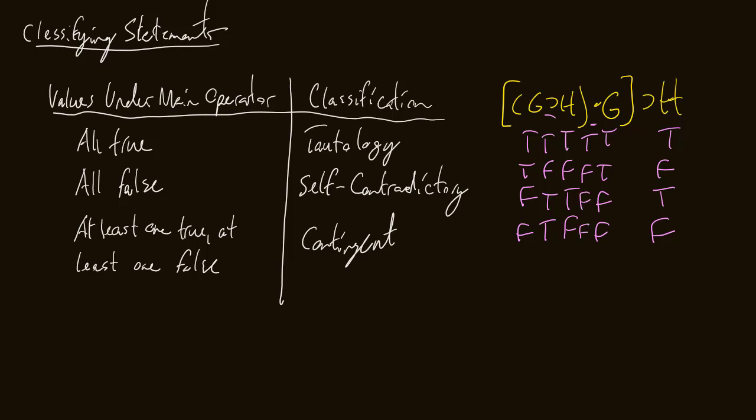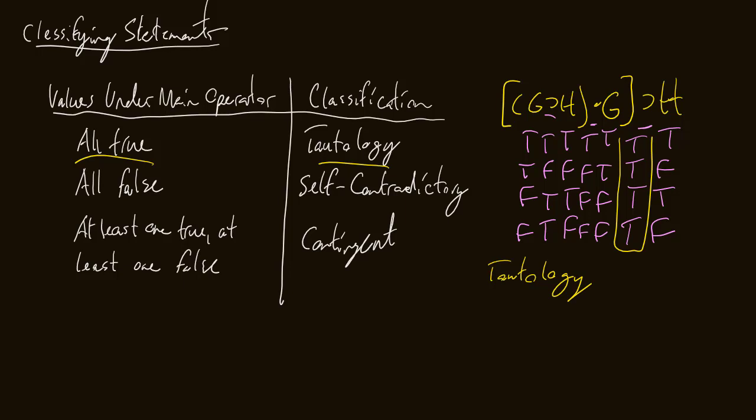So now, moving on to our horseshoe, true then true is true, false then false is true, true then true is true, and false then false is true. So if we look at our values under the main operator, they're all true. Looking at our table, all true means we have a tautology. So we would say that this statement is a tautology, or logically true. There's an example for you.